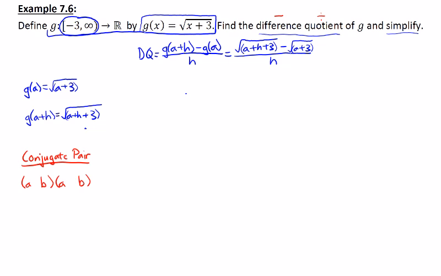But the operation in the factor will be different. One will be an addition, the other will be a subtraction. So when you have a conjugate pair like we've created here, and you go through the distribution process, you will end up with a squared plus ab minus ab minus b squared.